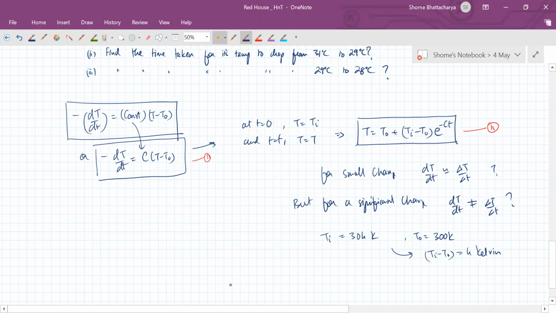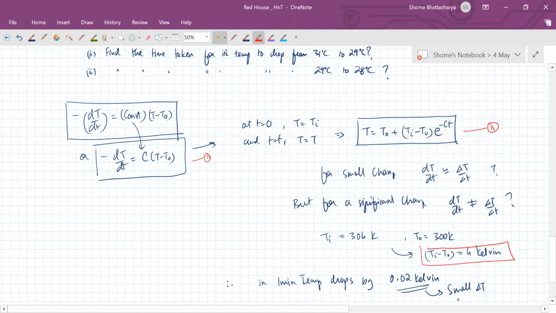Therefore, the first statement that is given, that in 1 minute the temperature drops by 0.02 Kelvin, can be treated as a small delta T, because overall the temperature has to drop by 4 Kelvin.